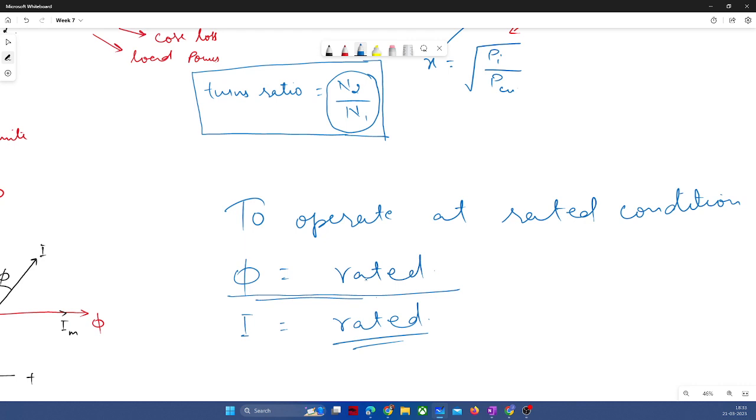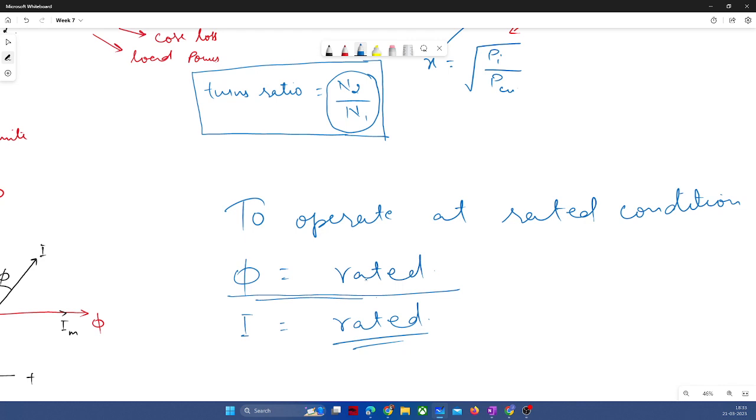Load means you are just connecting whatever kind of supply you want to cater. So now that load will require additional current, that load current, but your transformer is at rated flux. If it is at rated flux, Im will not increase. You will not want to increase Im because Im is already at its rated value.